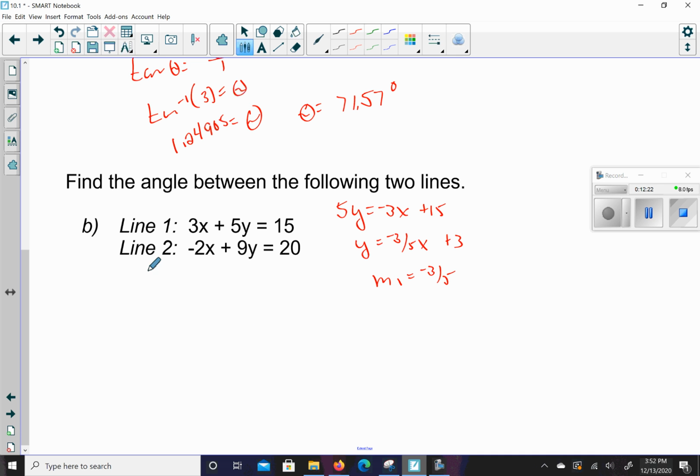The slope of line 2 is going to be 2/9, substituting into the formula.